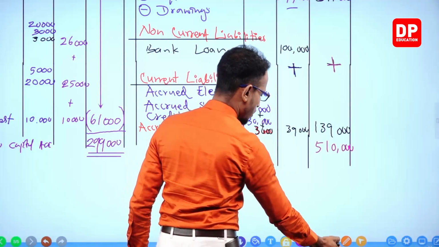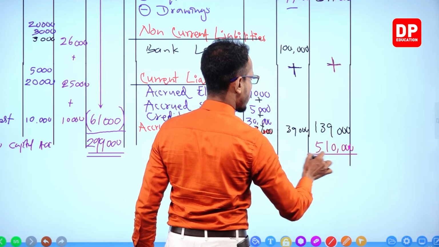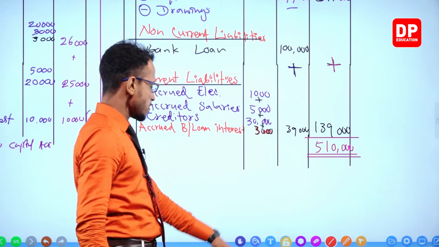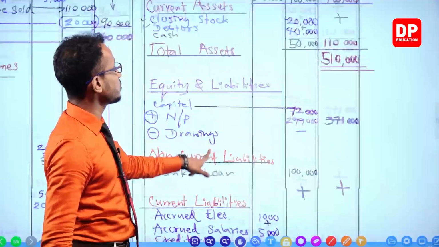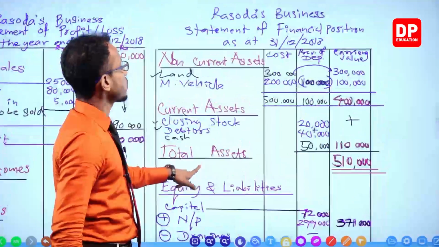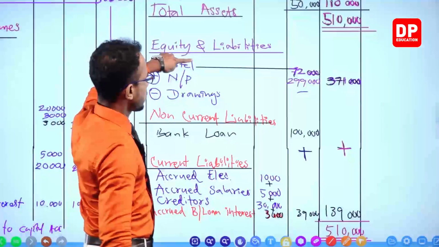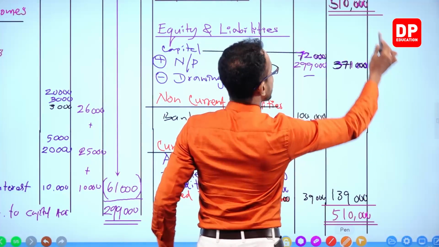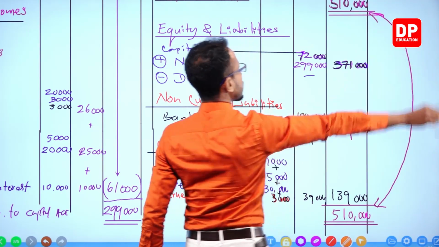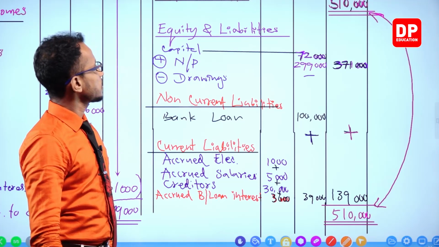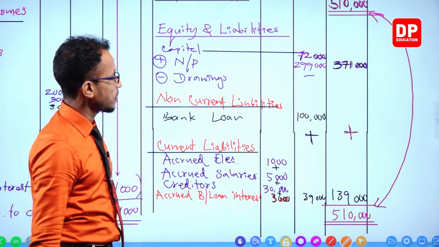You have a straight up balance sheet. What do you call this? SOFP. Earlier we used to call it balance sheet because we have to balance it. Now it is balanced. There we go. Total assets tally with the equity and liabilities.